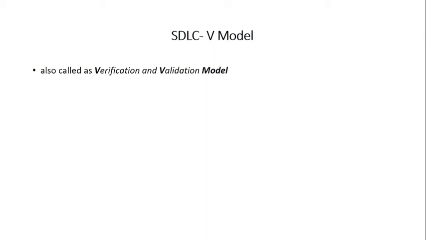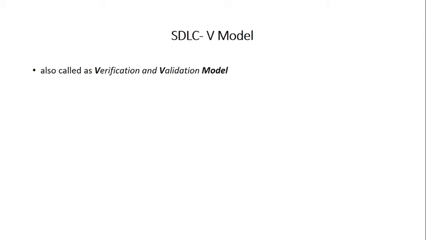The first significance is from the words verification and validation, which start with V, and it is something which is useful in testing, right? So the V model is a business oriented model which assists in testing.